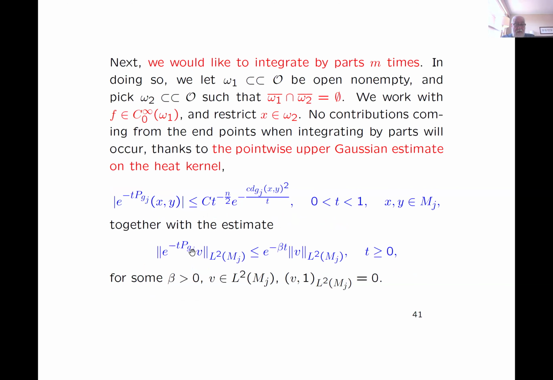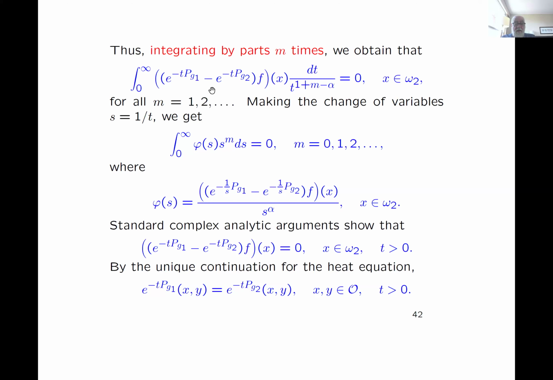And then you have the estimate for the heat equation. I'm going a little fast here, and you just integrate by parts. You can check the integration by parts is valid. And so the moments of this function phi of s are 0, therefore phi of s is 0, and this easily implies that the heat kernels are the same.